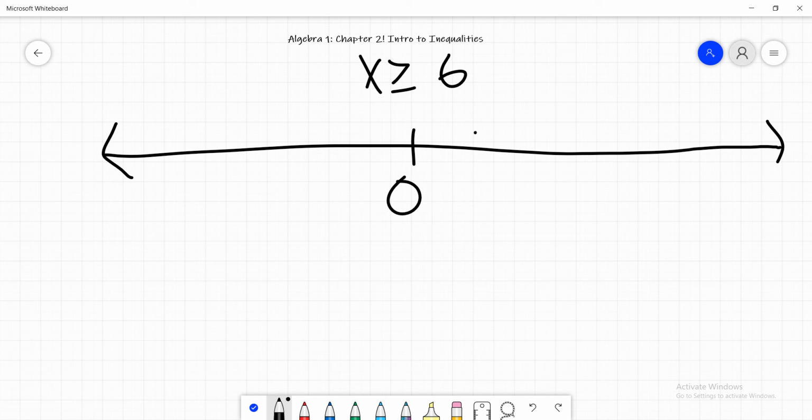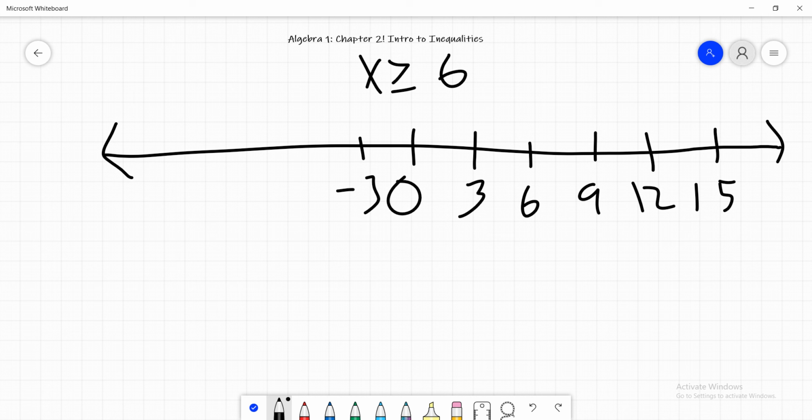To graph this, I'm going to make it convenient for me, and I'm going to do this by, let's say, 3s. So 6, 9, 12, 15, and then on this side be -3, -6, and so on. I don't really care about this side because x is greater than or equal to 6. Nothing below 6 is greater than or equal to 6.